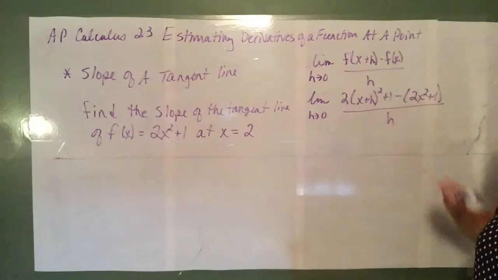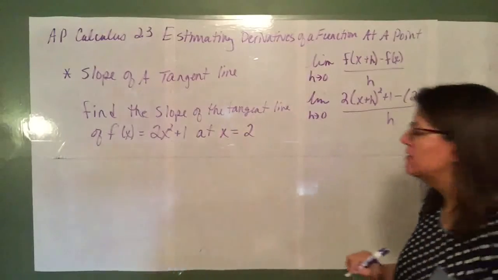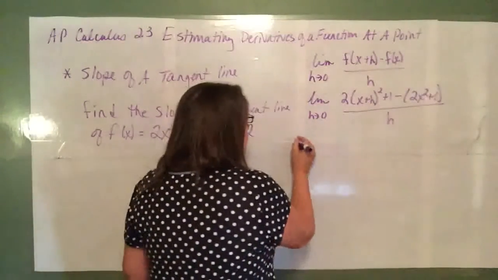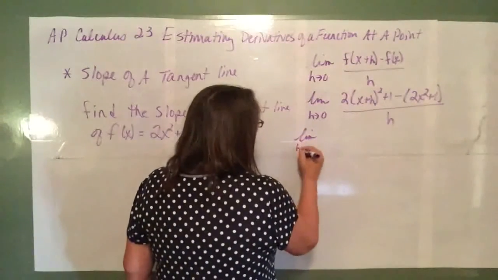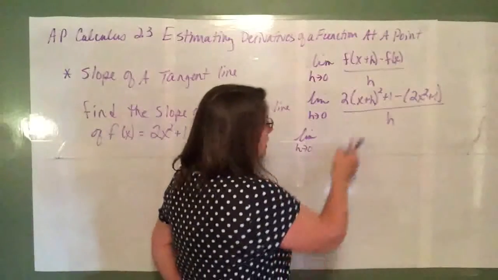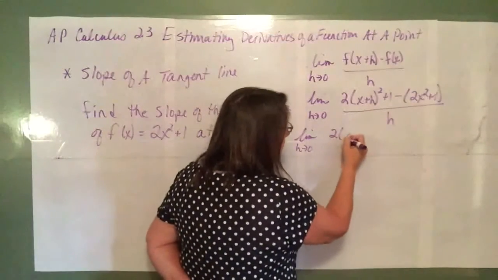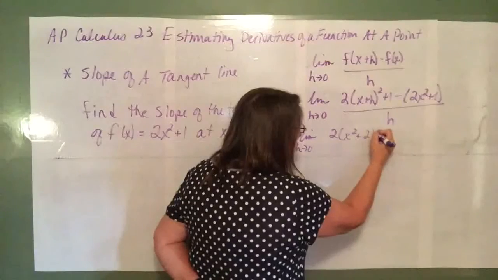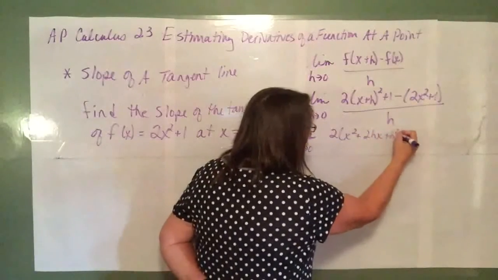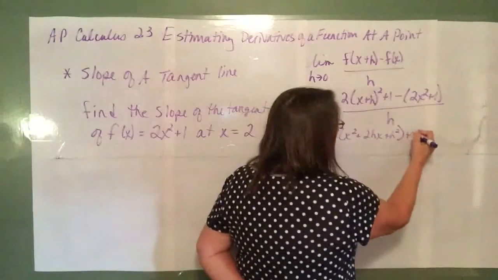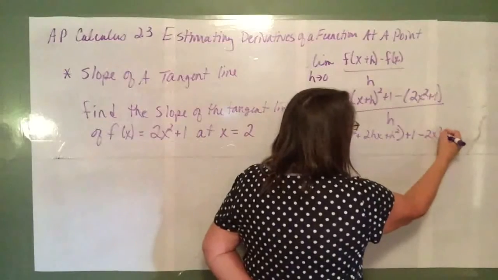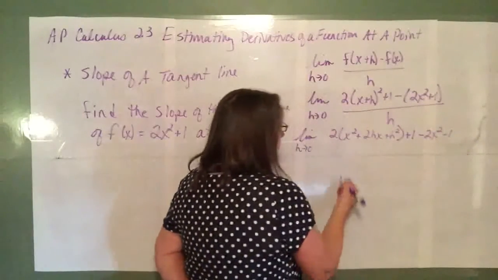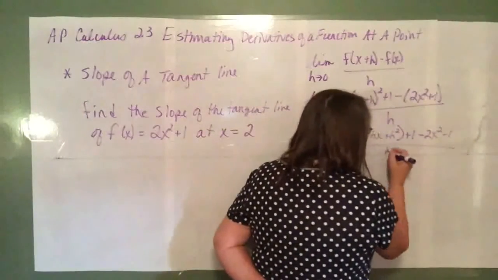And I'm going to divide that by h. So if I solve that, we've got the limit as h approaches 0. If I FOIL here, I've got x squared plus 2hx plus h squared, plus 1 minus 2x squared minus 1. That's still all over h.